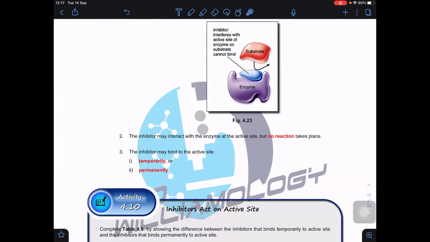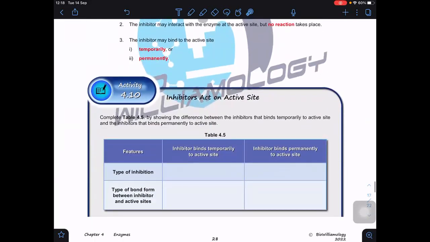The inhibitor may bind to the active site temporarily or permanently. If it binds temporarily, we term it competitive inhibition. But inhibition that binds permanently, we call non-competitive.